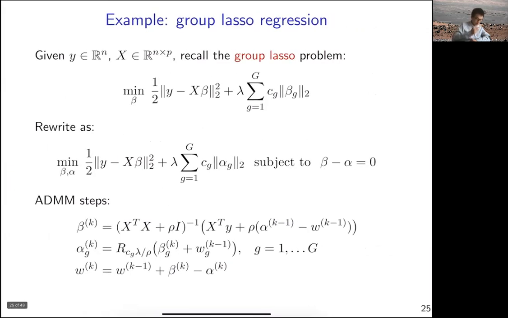Let's take a look at another example, the group lasso. In this case, instead of adding the absolute value of every coordinate, you decompose the coefficients into pre-specified groups, and you want to figure out which groups of features matter, say which groups of SNPs in the DNA, where you have prior knowledge that they all work together.